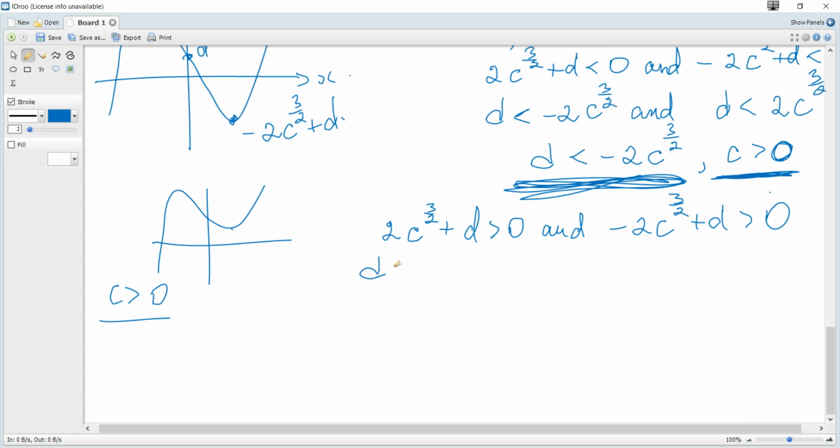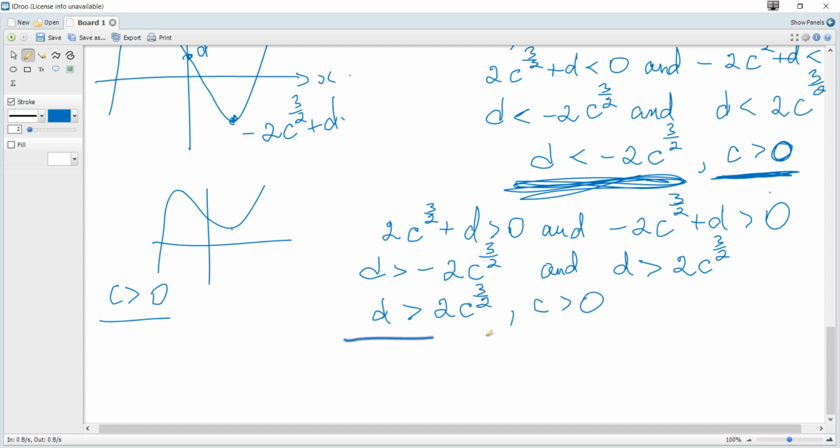So d is greater than negative 2 times c to the power of 3 over 2, and d is greater than 2 multiplied by c to the power of 3 over 2. And we can see that the solution is d is greater than 2c to the power of 3 over 2, and c is greater than 0.